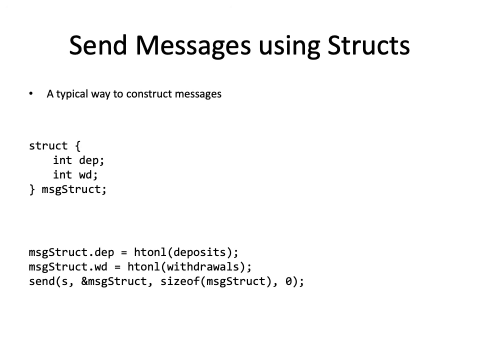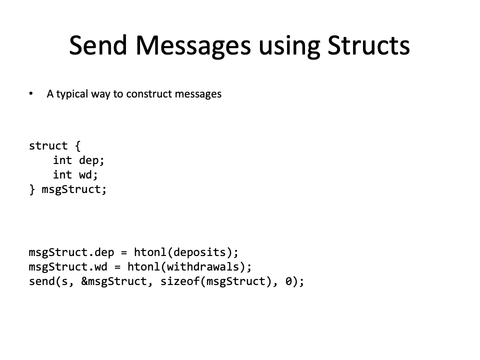So here you have a struct with int deposit and int withdrawal, the message struct. And for the message struct deposit, you first would take host to network long. You'd take the deposit variable, which is how many deposits the customer wants to send to the server.